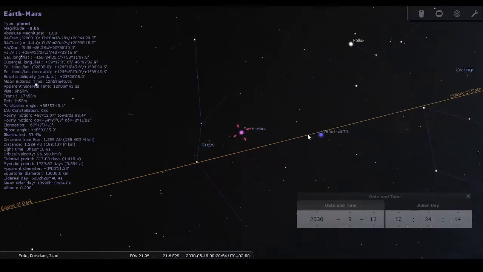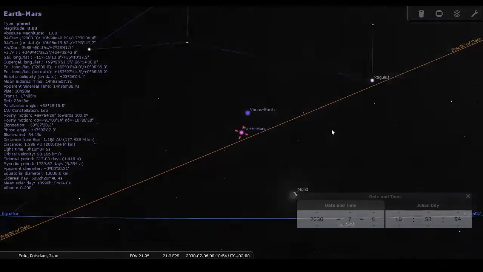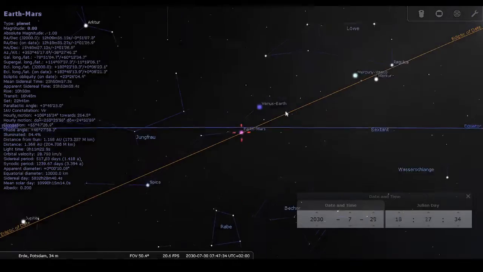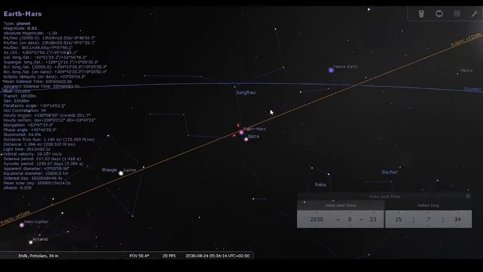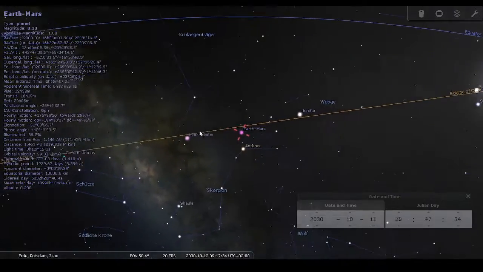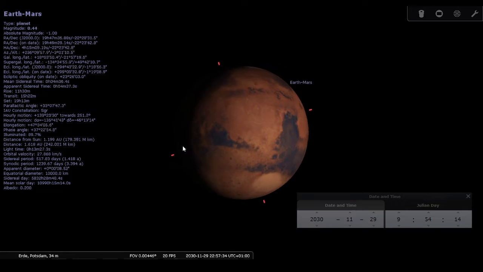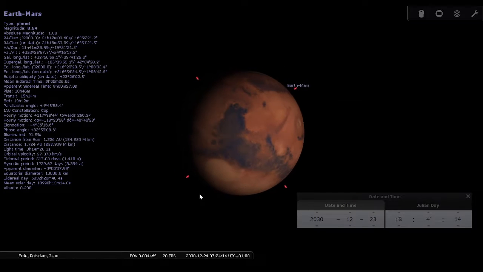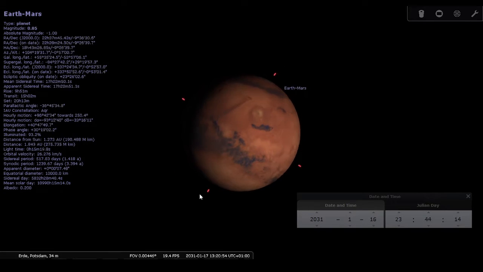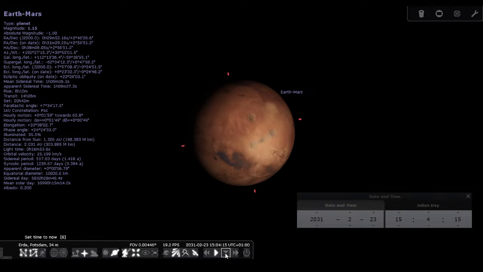And now you can compare the speeds of Venus, Earth, and Earth-Mars. So now it's about the longest elongation of this planet, this inner neighboring planet. And it can also be the case that only about 78% of the planet is illuminated, observed from the Earth.